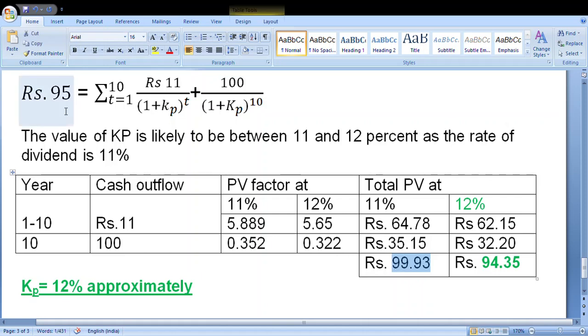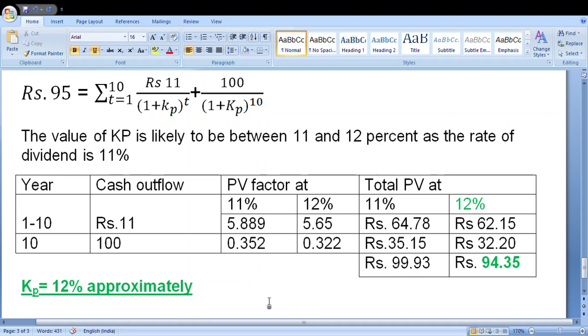Actually ours is only 95. At the rate of 12%, we are getting 94.35, an almost nearer value. So we can say that the value of KP, that is the cost of these redeemable preference shares, is approximately 12%.